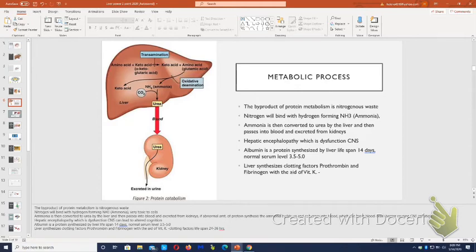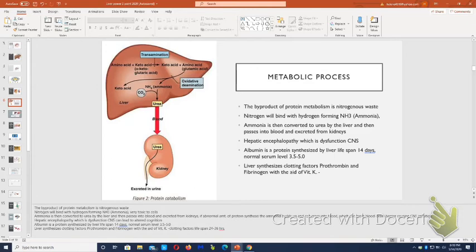Also, the liver stores many useful nutrients, vitamins, and minerals obtained from the blood passing through the hepatic portal system. So immunity is another function of the liver as well, and it is an organ of the immune system through the function of the Kupffer cells that line the sinusoids, as we discussed.